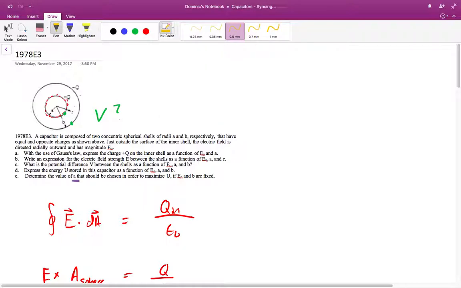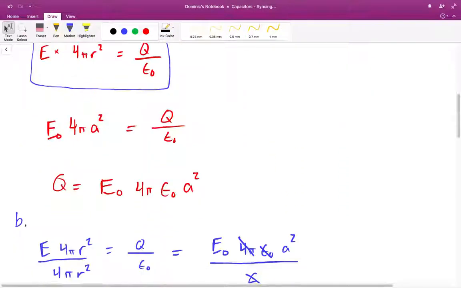We're going to take the derivative of U with respect to A, set it equal to 0, and then solve for A at that point. So that's what we are going to do.